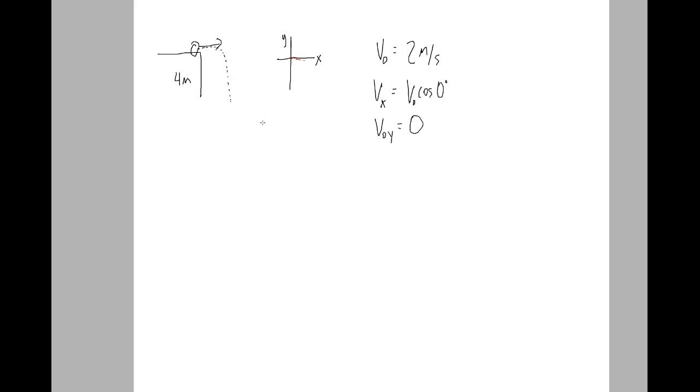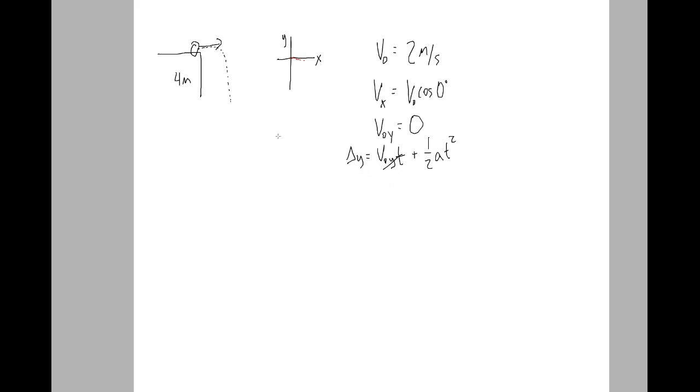To do this, we use the kinematic equation, delta y equals our v initial y times our time plus 1/2 a t squared. Now we're assuming that this table is on Earth, and in this case our v naught y cancels out, so we're left with our delta y.